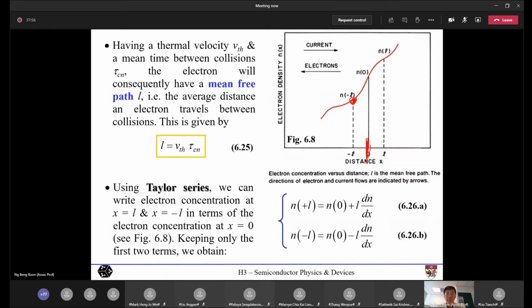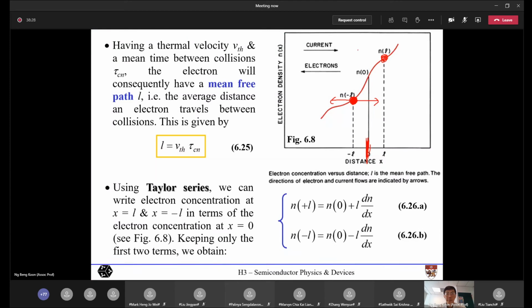If we look at carriers on the left and right hand side of this reference point x equals 0, the carriers at x equals minus L are moving randomly under thermal effects. This means there's an equal chance for this carrier to move left and to move right. Obviously the carrier that moves right is going to cross your x equals 0 reference point, and this will result in current.